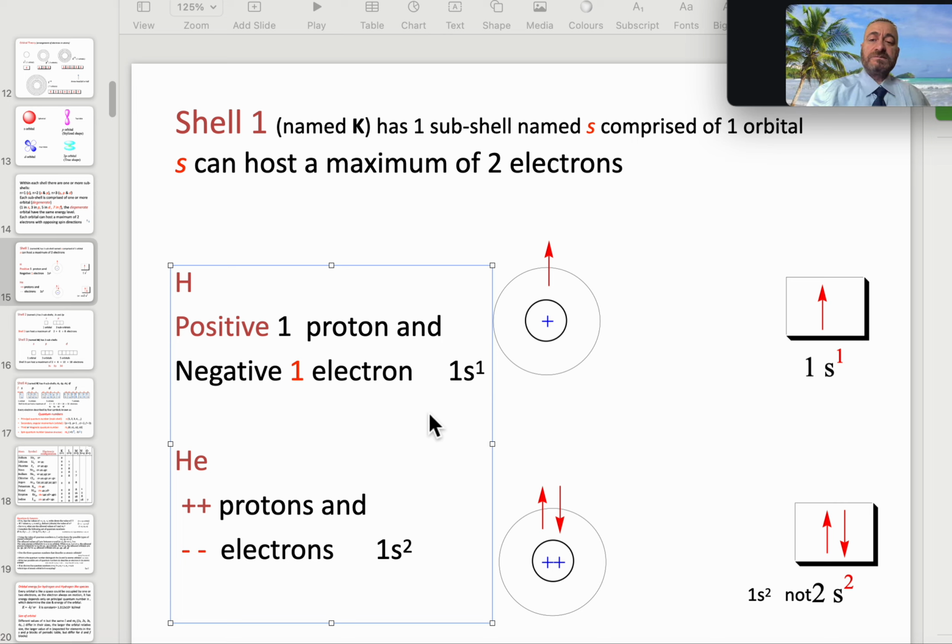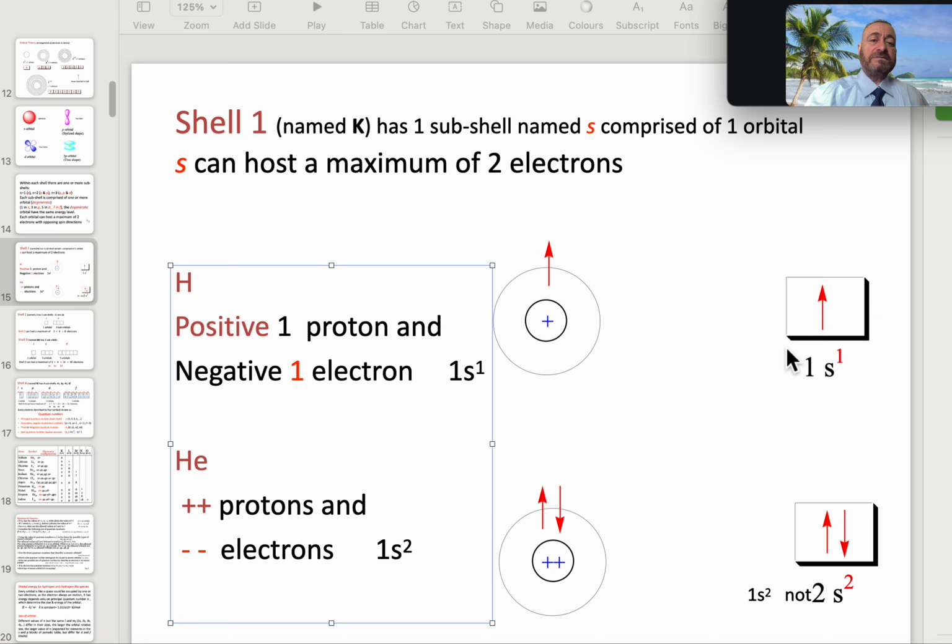So the electron configuration can take the code 1s1. So the 1 is the n number, which is the main shell. S is the orbital subshell. And 1 is the number of electrons here.